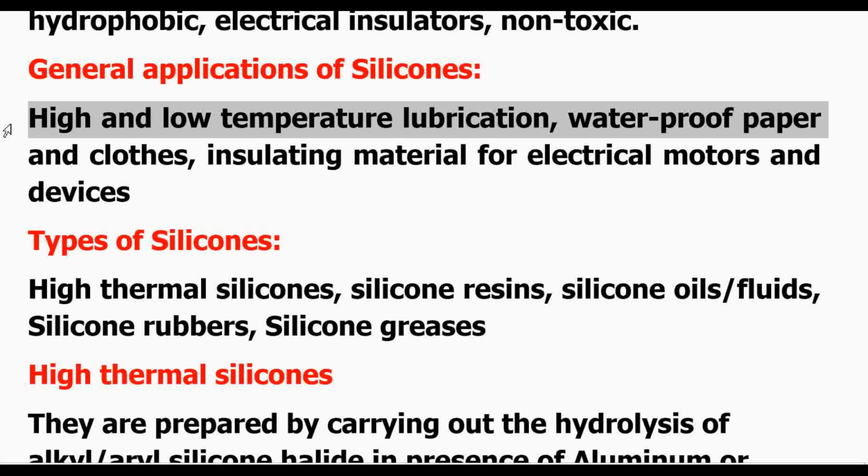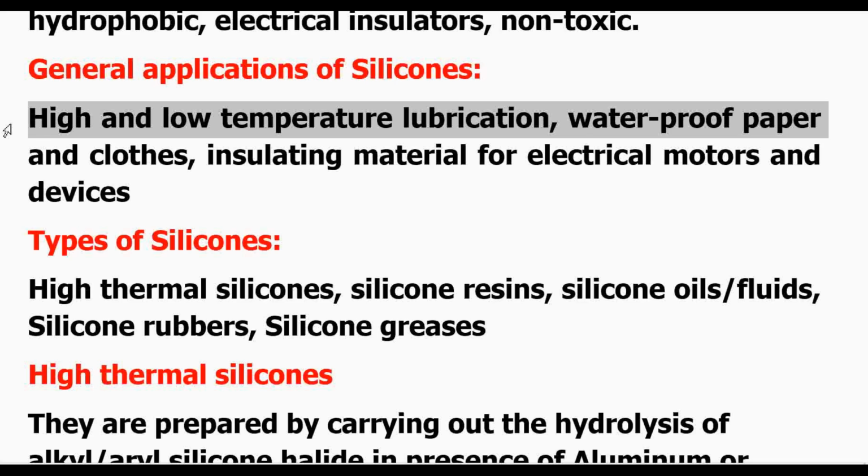Sometimes what happens is that the lubricant that we use provides lubrication at room temperature, but if the operating temperature of the device is high, say it goes to 200 or 300, then the lubricant will lose the lubricant property, and therefore abrasion will take place, and the appliance or the device that you are using will fail. But when you are using silicones, then you are sure that even if the temperature is around 300 degrees or even in minus degrees, the silicones will provide efficient lubrication.